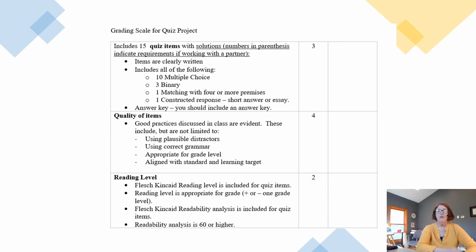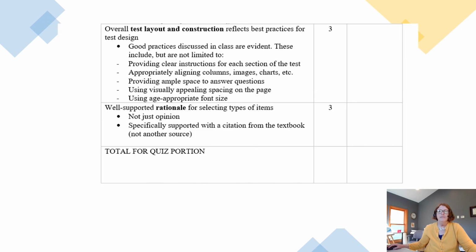Here, instead, we're just listing each section and saying how many points it's possibly worth. It doesn't say exactly what it looks like at each level. But that's a grading scale, and I encourage you to look through there, just as a checklist, to make sure that you're doing everything correctly.